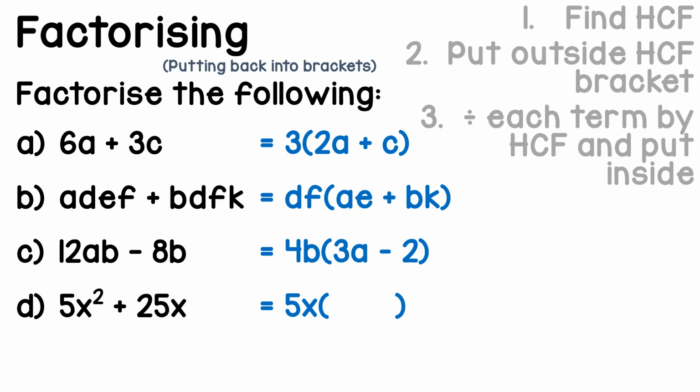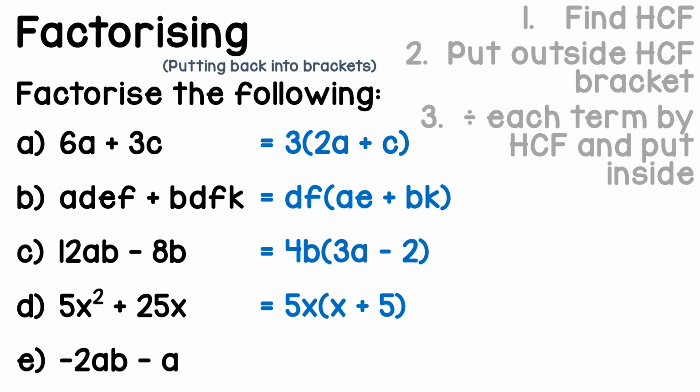And then x squared divided by x just leaves us with x. Now 25x divided by 5x, well 25 divided by 5 is 5, and x divided by x is going to cancel out and make 1. Since 25 divided by 5 is positive, it's going to give us a positive 5 here.